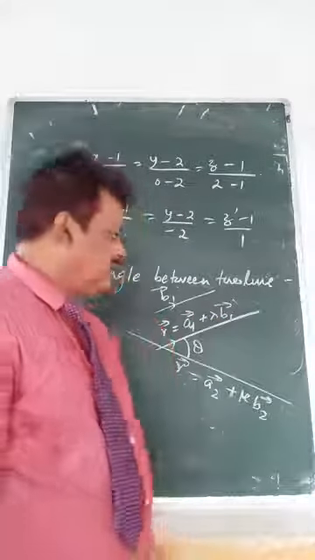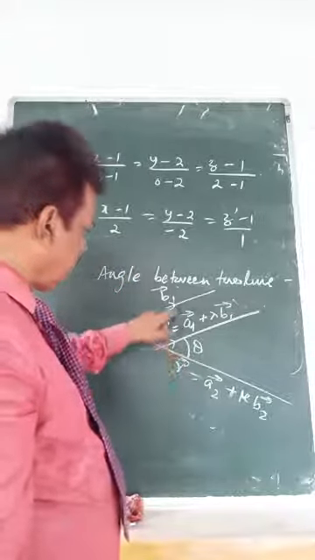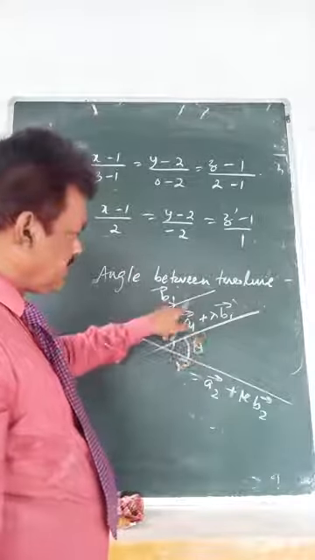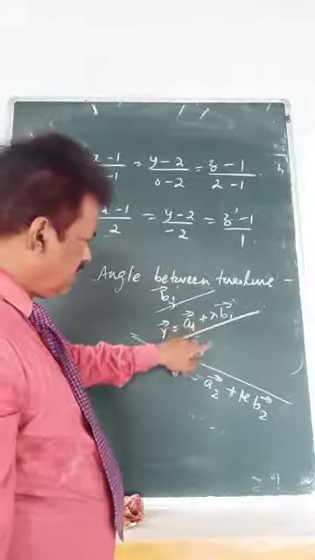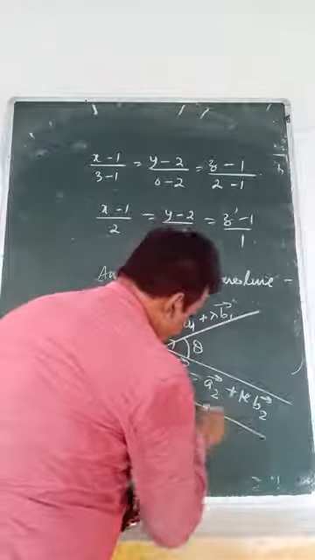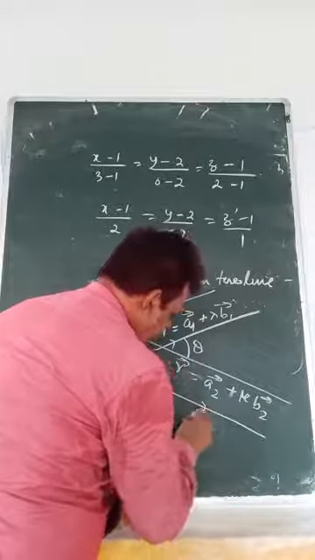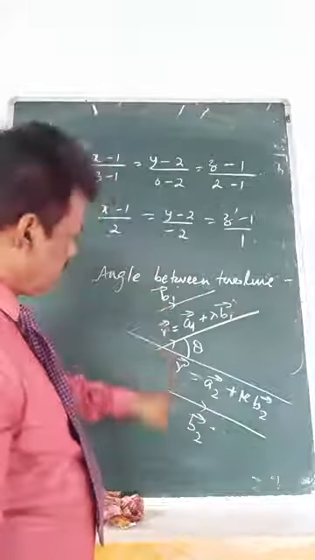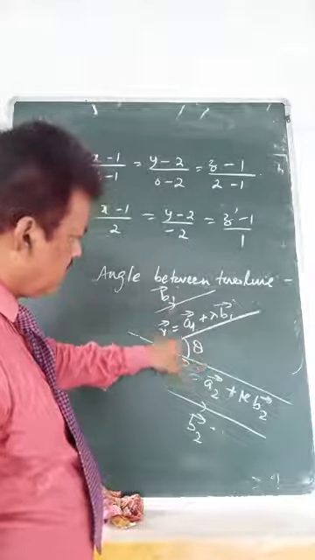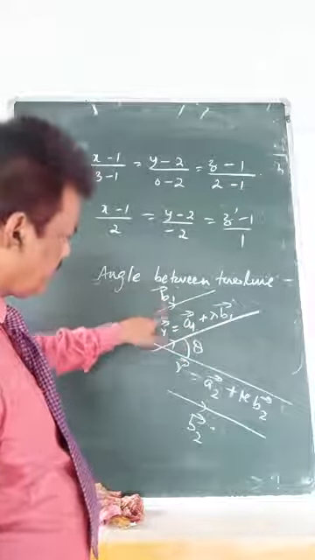So how to find? Now look at here. Angle between this line is same as angle between this line. Angle between these two is same as to find the angle between their parallel vectors, because these two are parallel. So finding angle between this and this is same as finding angle between b1 and b2. How?